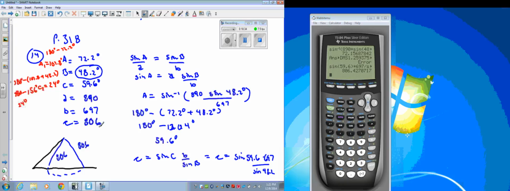I guess the sides are the same length. Well, if they're the same length, then how would B be the same length? Because if all three lengths are the same, there's no way you can improve the triangles. You see what my question is? Yeah, I see what you're saying.